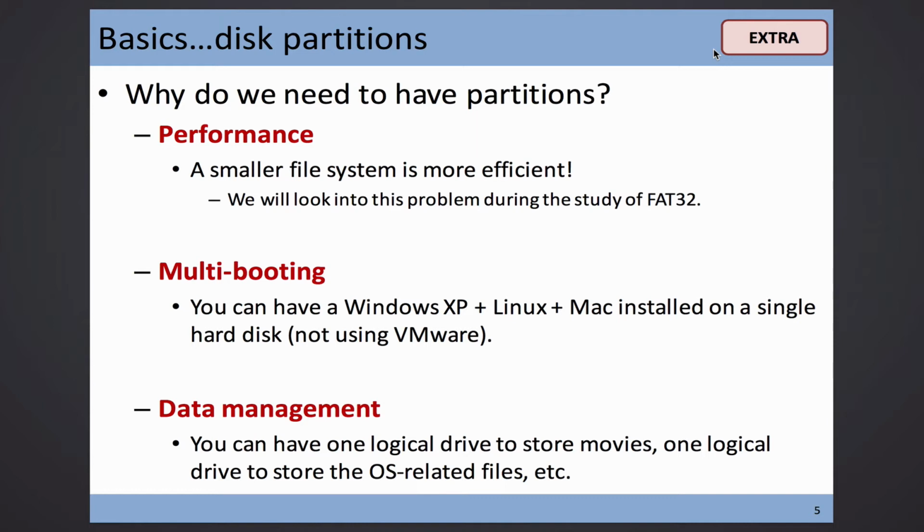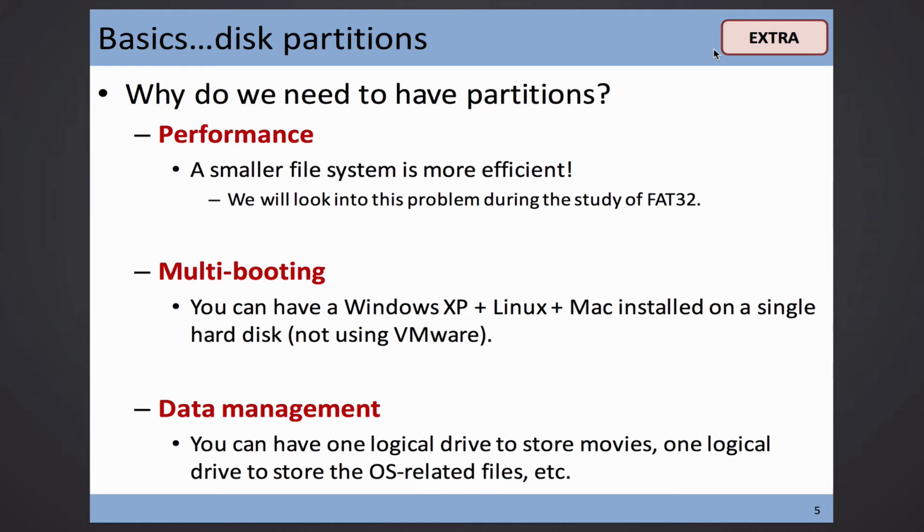I don't know whether some people have this setup. Windows 7 is special and it's not here, it always overrides the MBR. Usually we do this with XP because it's smaller. There's a common reason, and later on we will explain why a smaller file system is more efficient.